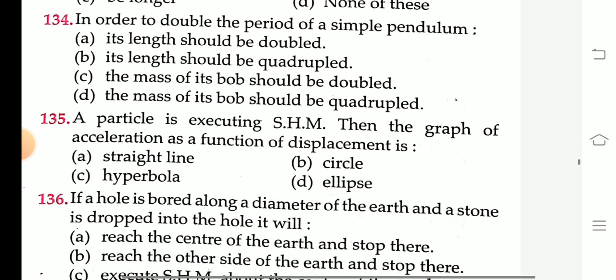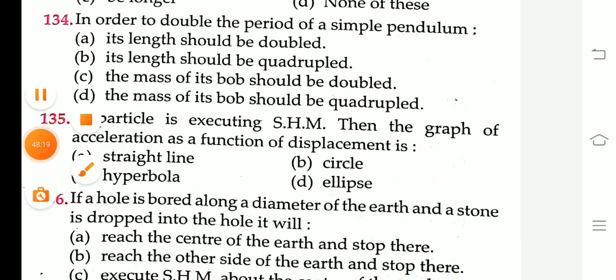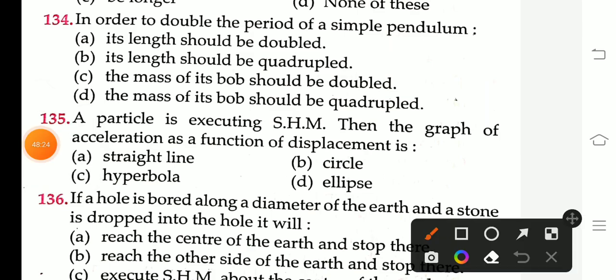In order to double the period of a simple pendulum, its length should be quadrupled. A particle is executing SHM, then the graph of the acceleration as a function of displacement is a straight line.